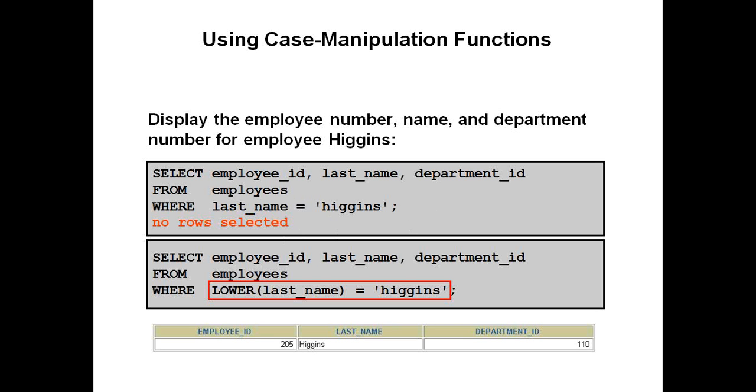But the same query, when you use it with lowercase, gives you the results. What happens here is the data in the database was stored with the initial letter in uppercase, but in the first query you are using completely lowercase, so that would be a problem. That's the reason that when you use the lower function, your data is automatically retrieved.